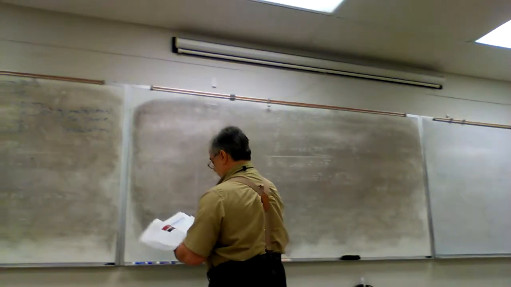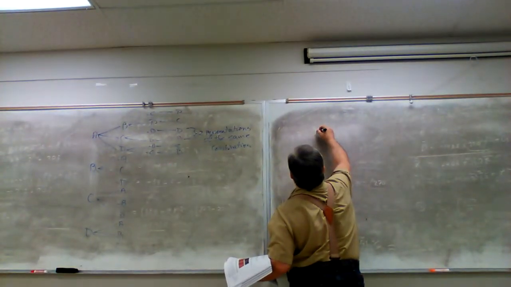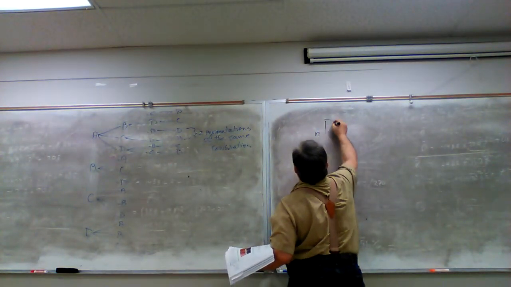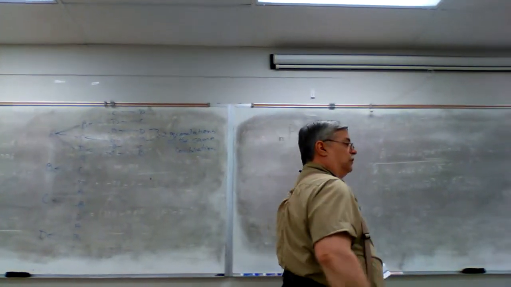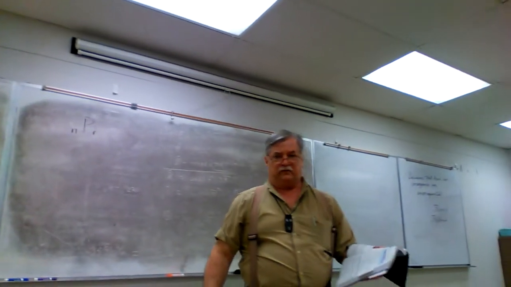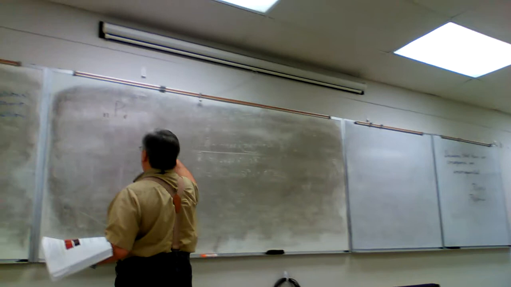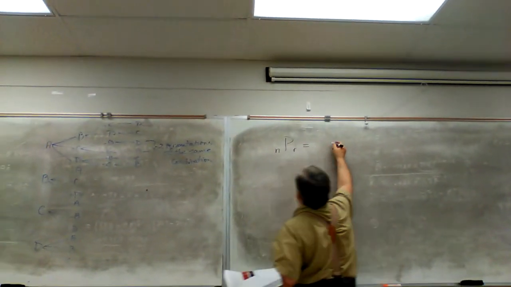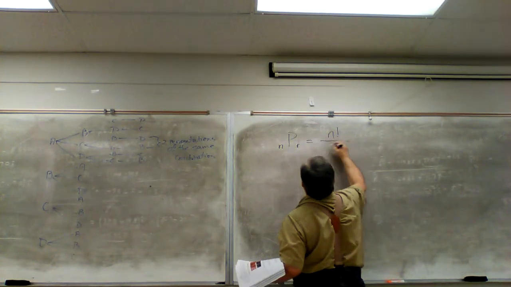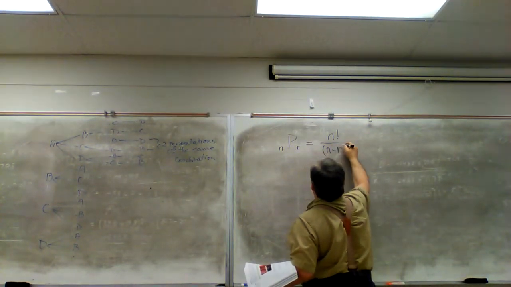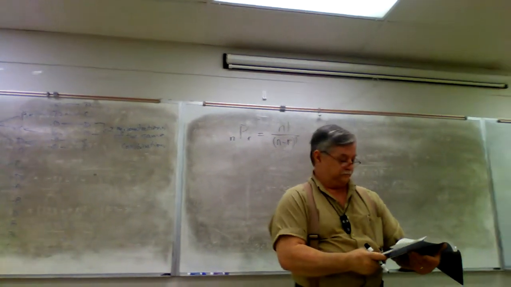And as review, the notation nPr means using r objects out of a set of n objects, you can produce n factorial divided by (n minus r) factorial permutations.